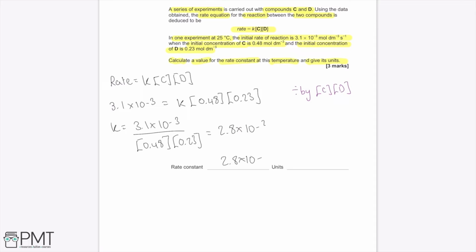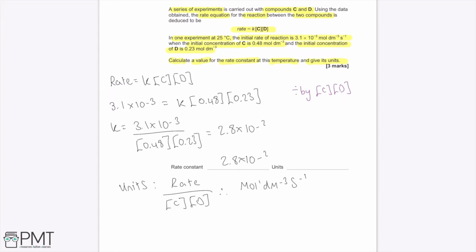So now, if we work out our units, we know that for our rate constant, we have the rate divided by the concentration of C multiplied by the concentration of D. So we know that the rate units are mole to the power of 1, dm to the minus 3, and s to the minus 1.